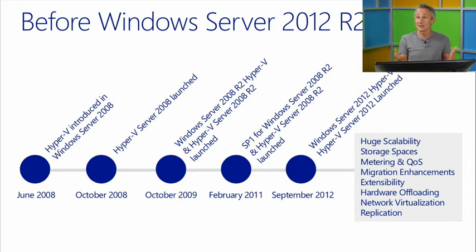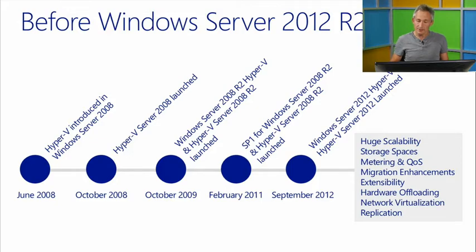And then finally, for DR, Hyper-V Replica was an in-box capability introduced in 2012, streamlined and improved in R2, that enables IT admins and customers to effectively replicate their virtual workloads, their virtual machines, from site to site at a VM by VM level with no need for any specific hardware or other third-party software to handle that replication. It's all in the box with Windows Server, and we're going to learn more about that as we go along.